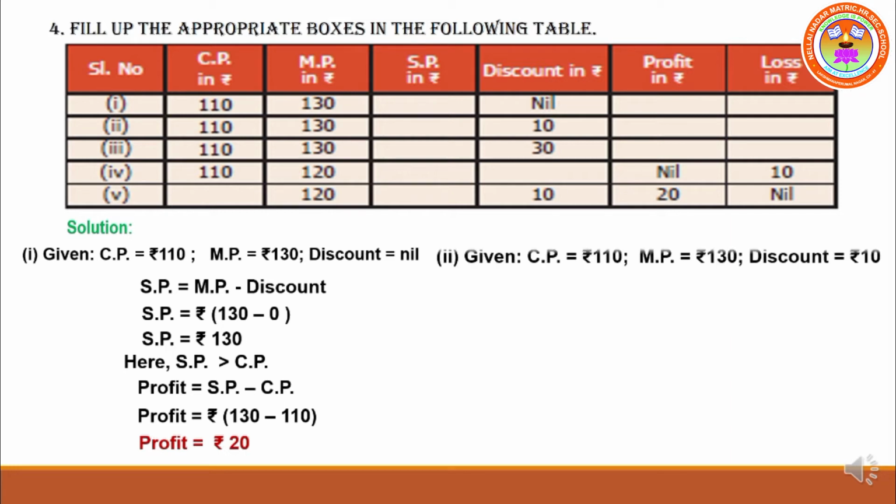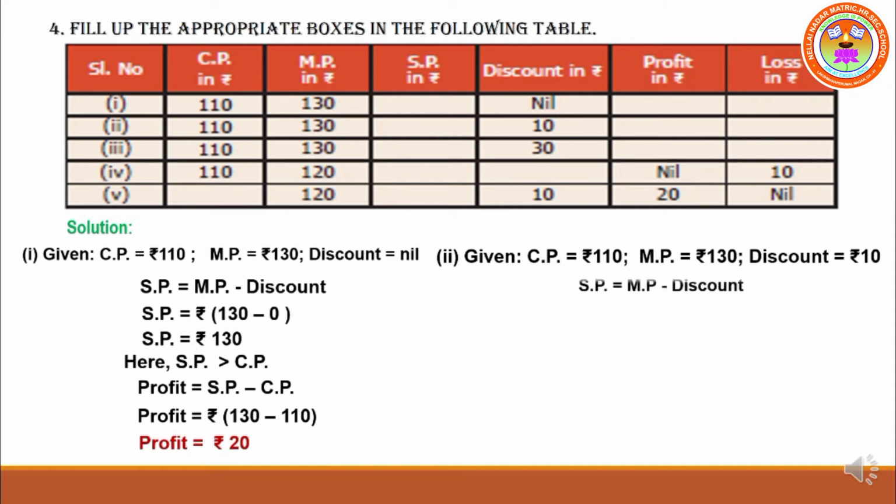Yes, next question. Now the same values are given for MP and CP. So CP is 110 rupees, MP is 130 rupees. Now the discount is 10 rupees. So that is the only change in the second question. In the place of 0, we are going to substitute 10 rupees where discount is used.